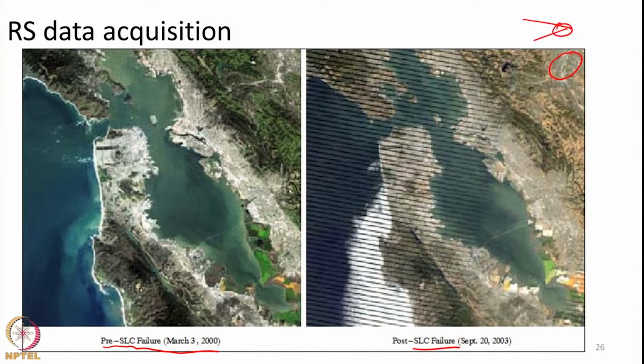In this portion there will be data overlap, but in this portion there are gaps in the data because of non availability of the scan line corrector. So, a scan line corrector must be available in order to correct for the scan line geometry effect.